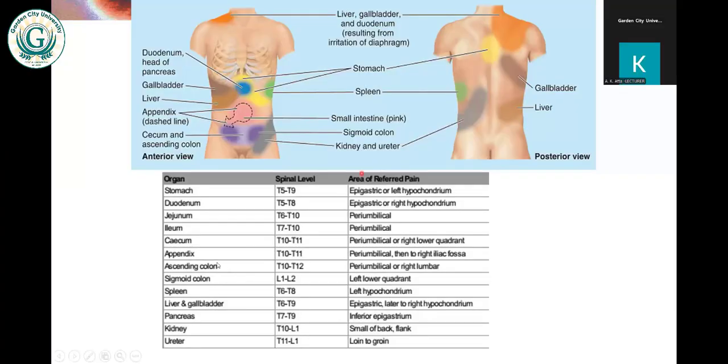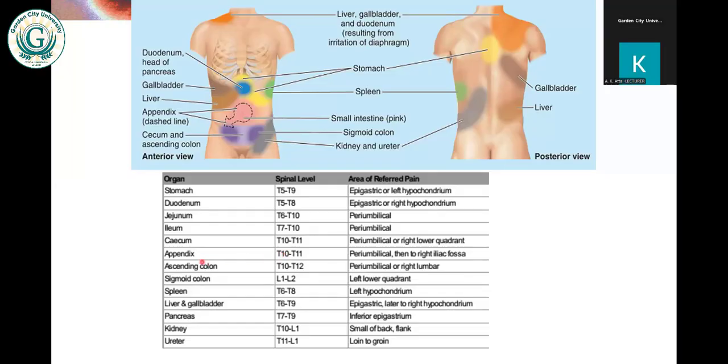If you look at the appendix, you see the spinal cord level is from the sympathetic. Pain will follow the sympathetic pathway, but not the parasympathetic.